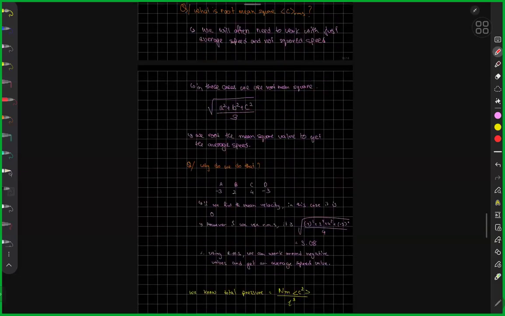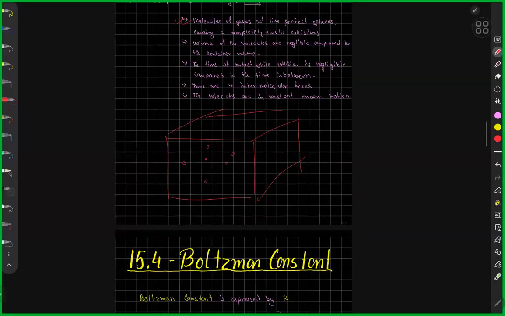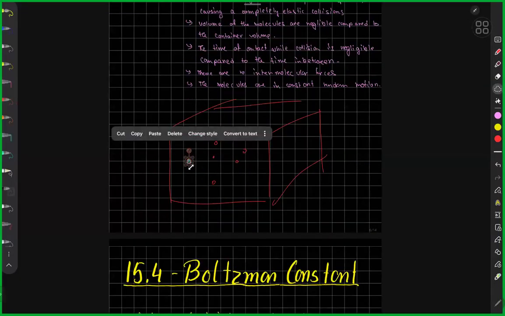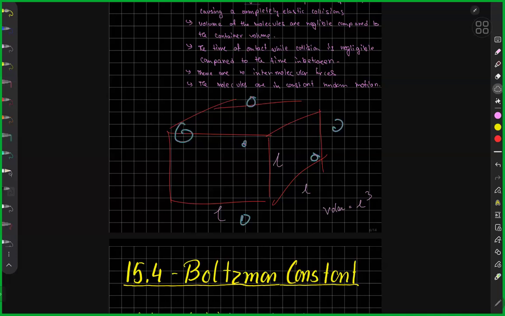Now, if the particles are really big, what happens? The amount of space they can travel decreases. If this is length, length, length, and the volume is L cube, and the particles are really large, the problem is the volume available to the particles is not L cube.